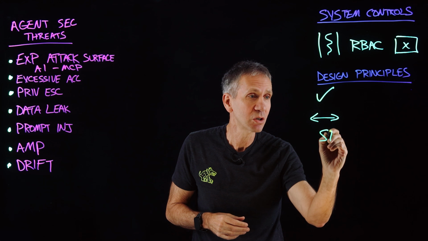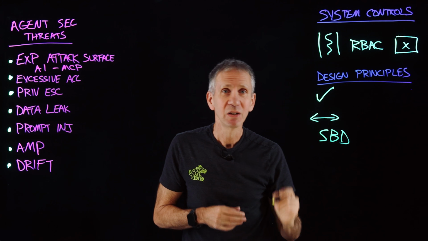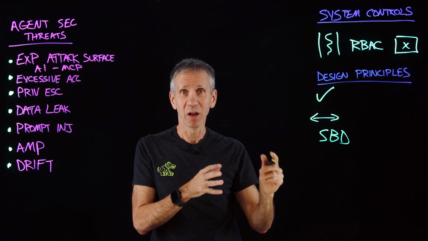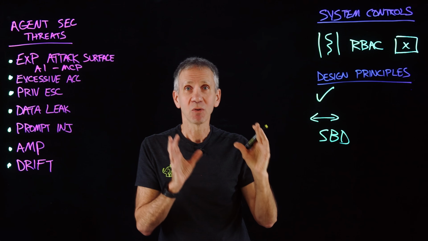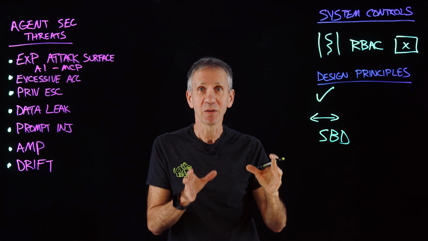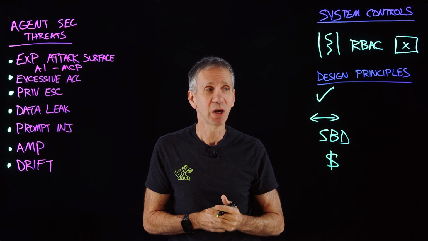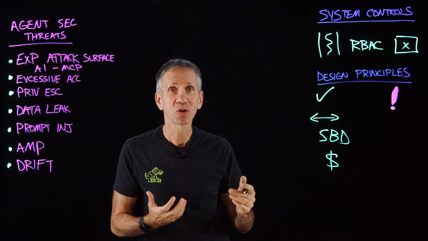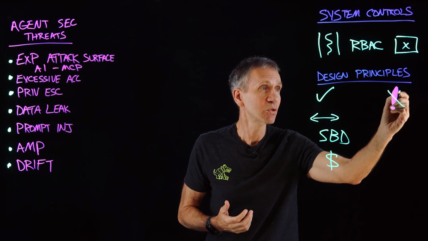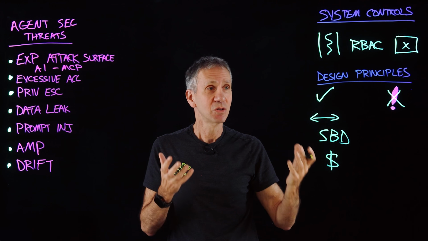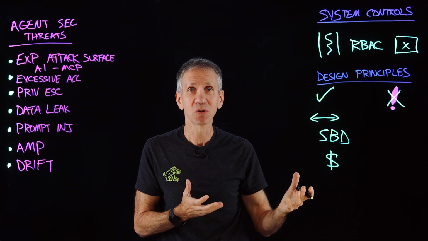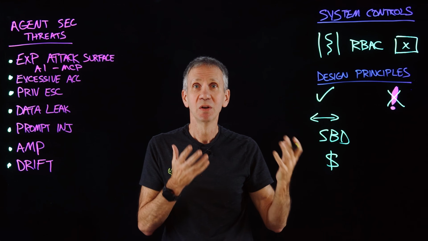We need to make it secure by design. Security is not something that's done well if you bolt it on after the fact. It needs to be in there right from the start. It needs to align with the business goals and meet the business objectives. We also need to make sure that this thing mitigates risk. It's going to introduce new risk. We certainly don't want it to introduce more risk than we have to, so we want to minimize that as much as we can.